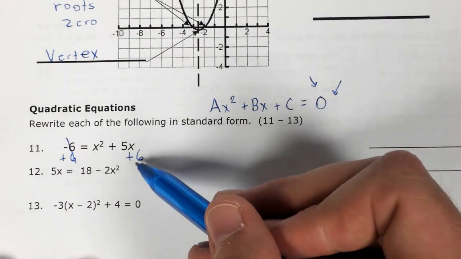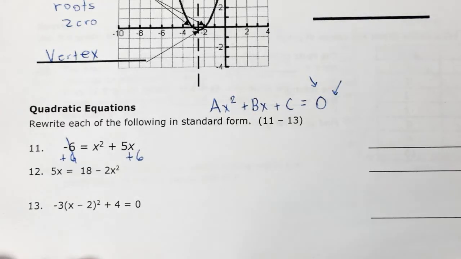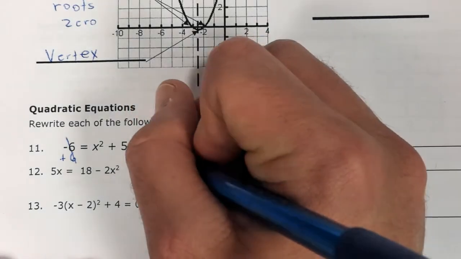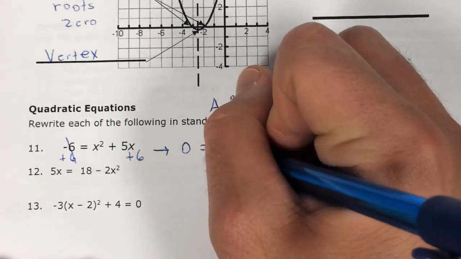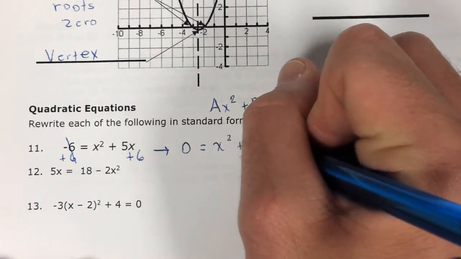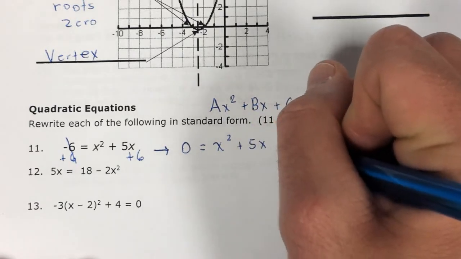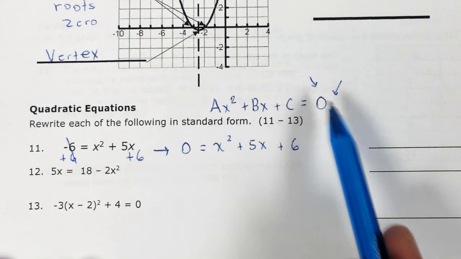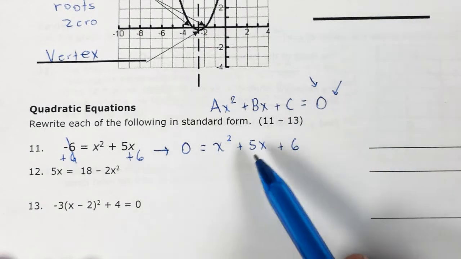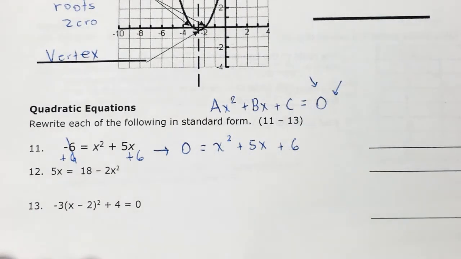Nope. Can I combine this 6 with a 5x? Nope. So I just copy it down. I have 0 is equal to x squared plus 5x plus 6. Is that in standard form? Yes, I have it equal to 0, my x squared, my x, and my number.